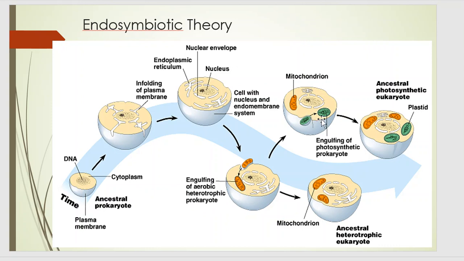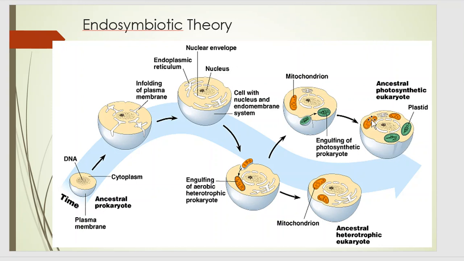And in this case, it is engulfing photosynthetic prokaryotes. So there are different prokaryotes that were just roaming around, and some of these large cells got trapped with the aerobic prokaryotes. Some of them got trapped with the photosynthetic prokaryotes, and they established a kind of symbiotic relationship. That means they found a better home there, and they are working, and it is helpful for this large cell, and that's how we got the eukaryotic cell.